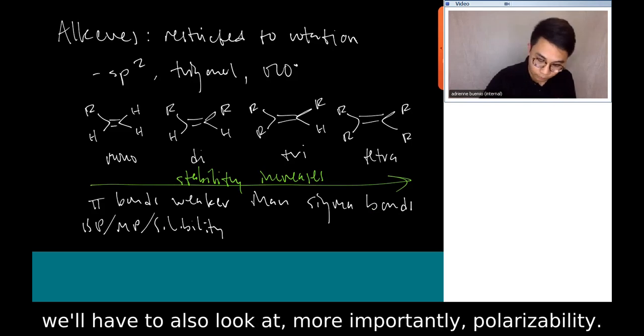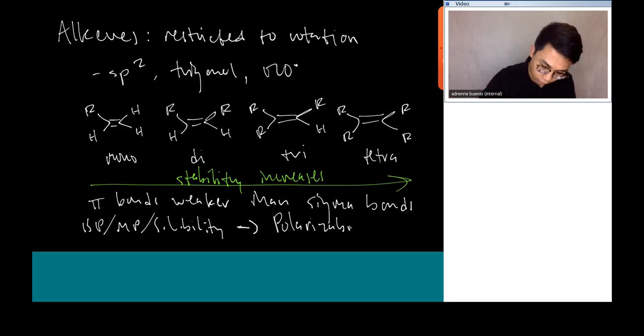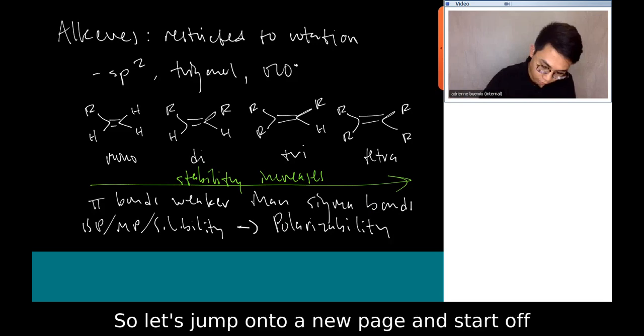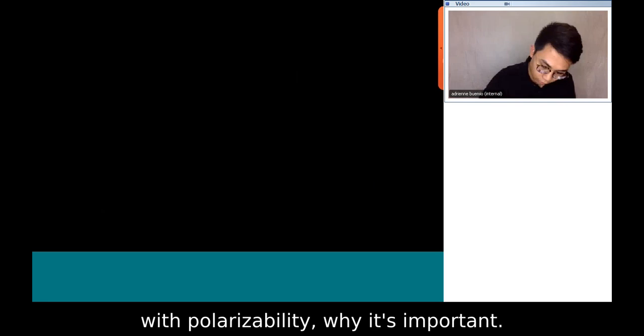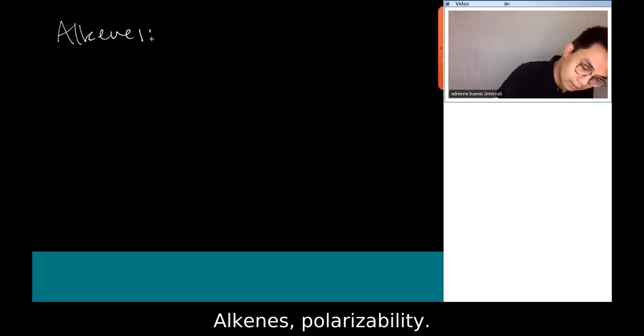We'll also have to look at, more importantly, polarizability. So let's jump onto a new page and start off with polarizability. Why is it important? Alkenes, polarizability.